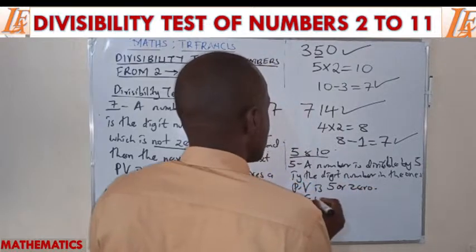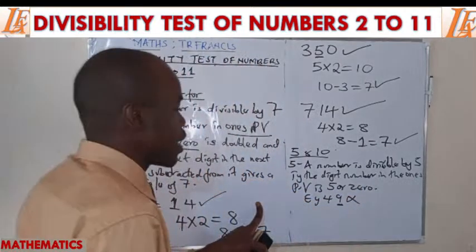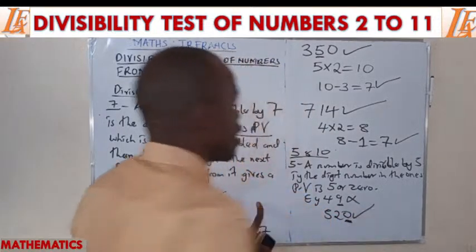We are done. For example, 49: 9 is not 5, it is not 0, so it is not divisible by 5. Then 520: this one ends in 0, so it is divisible by 5.